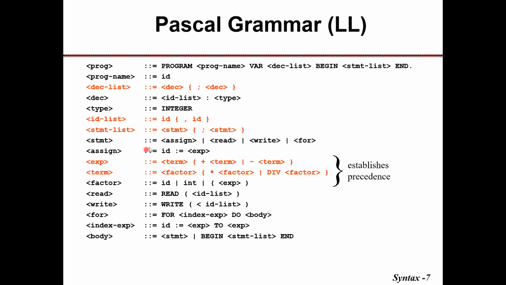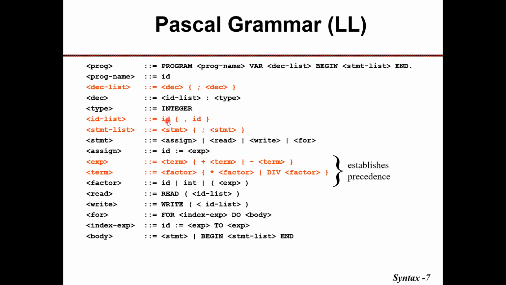So we're going to start looking for those rules that can accept an ID. And we have an index expression, which is an ID followed by assignment, followed by an expression. So we're going to be worried about this one. We have an ID can be a factor, and then a factor can be followed by other things, but it's not going to be that. But assignment could be an ID followed by an assign, followed by an expression.